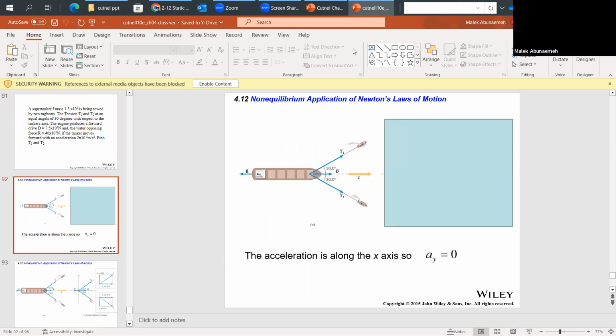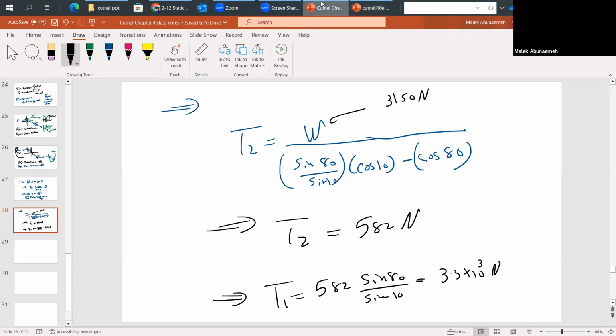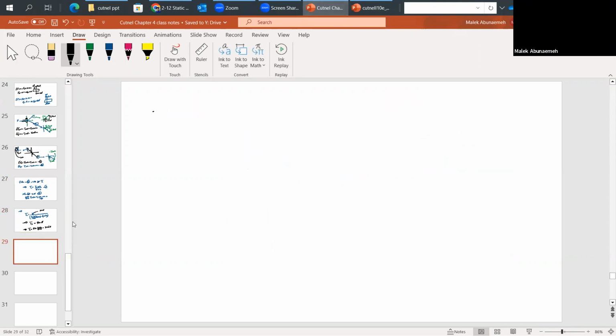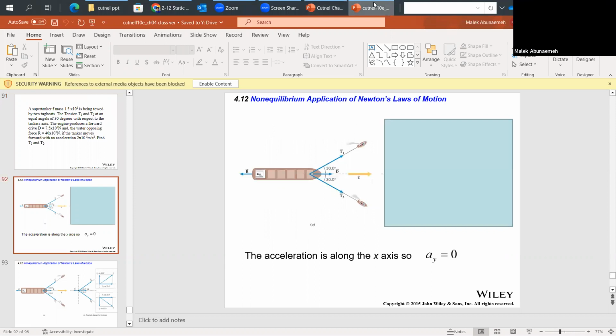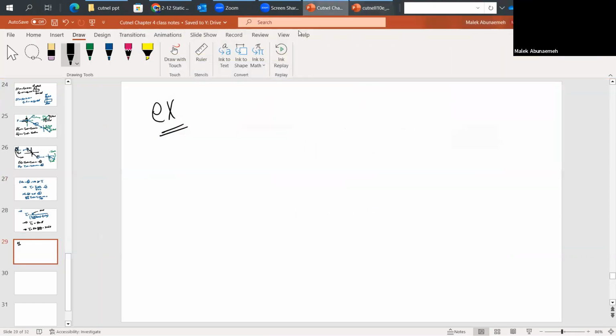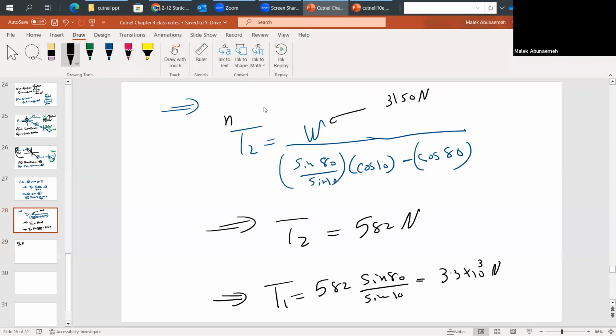So let's go ahead and draw this analysis over there. This is an example, and this is going to be a non-equilibrium example.